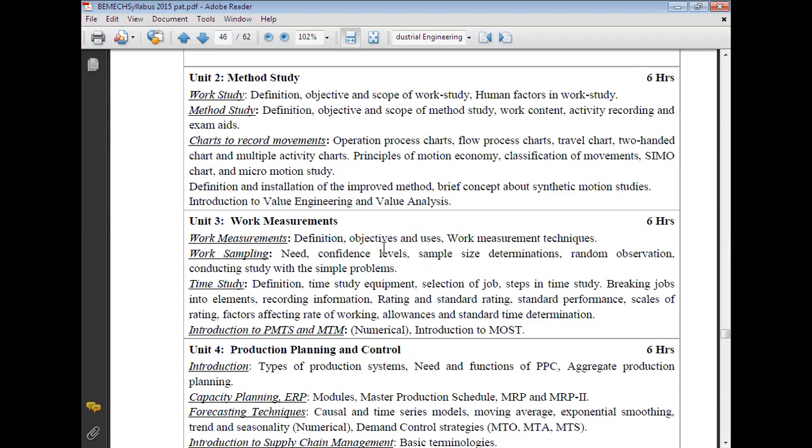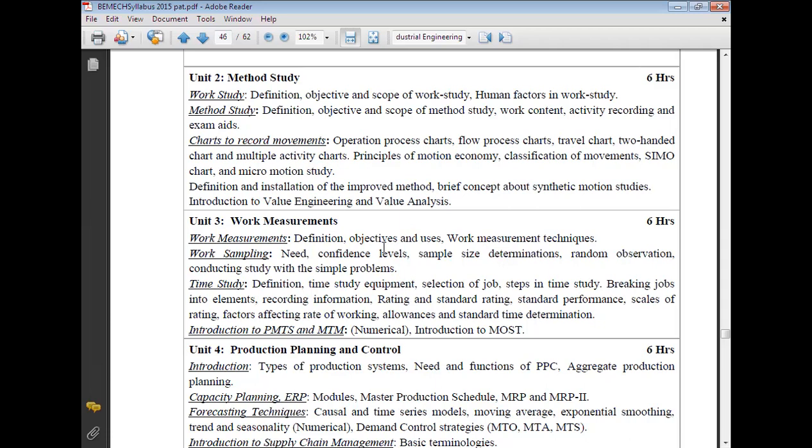If you see the unit number 2, which contains work study. In the work study, we have definition of the work study, then what are the objectives and scope of the work study, what are different human factors in the work study. That is what we will be discussing.